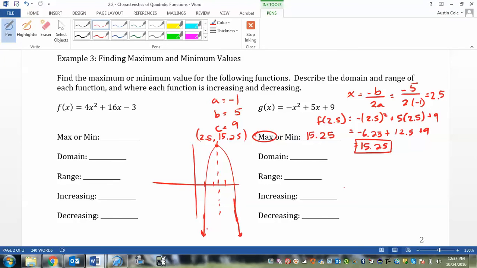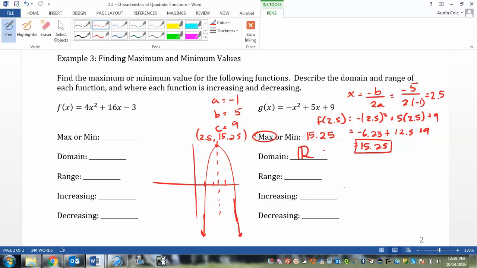If it's a quadratic, if it's x squared, the domain will always 100% of the time be all real numbers. Meaning you can plug in any real x value into the function, and you're going to get an output. I believe over here we had negative infinity to infinity on this problem.